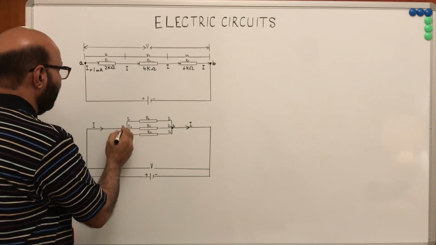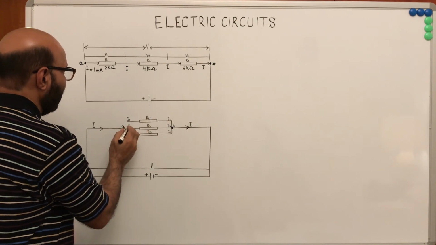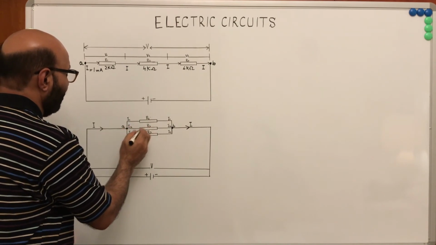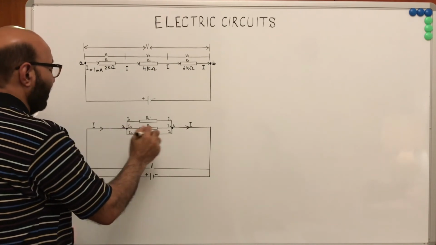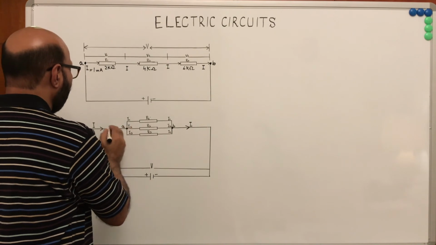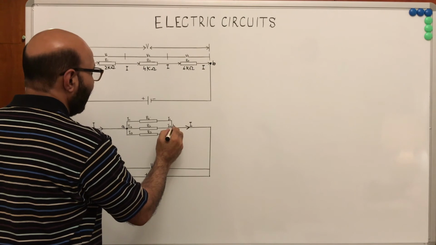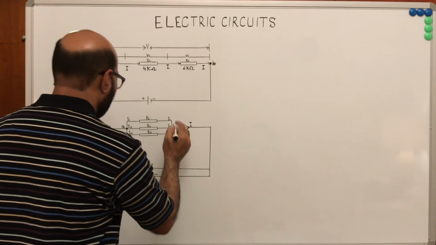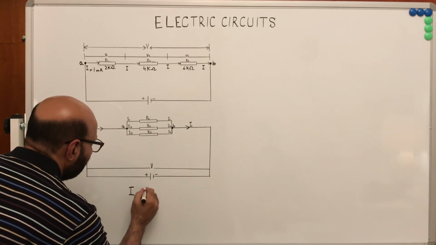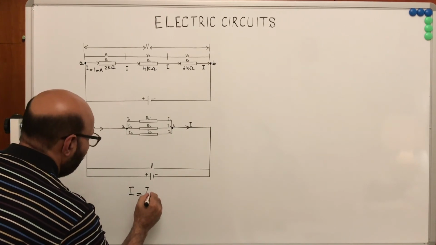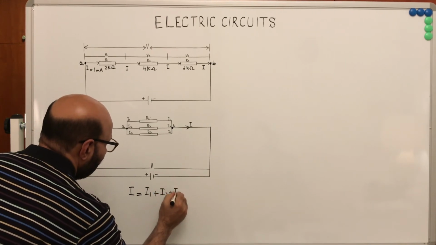The total current is split into amount I1 for resistor R1, I2 for resistor R2, and I3 for resistor R3. The current that enters at point A must be equal to the current reaching point B. Means I is equal to I1 plus I2 plus I3.